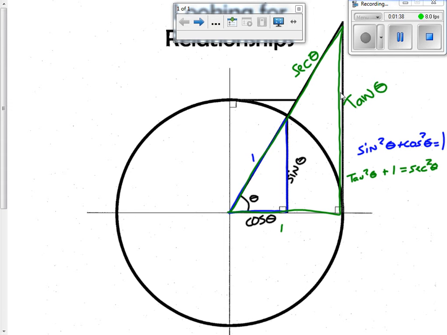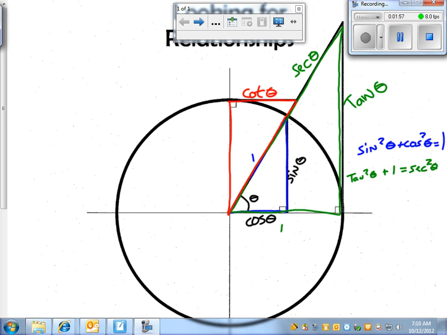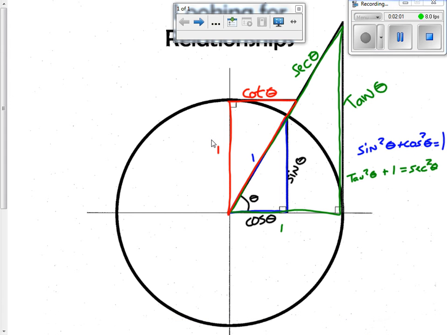And the third one, you can hopefully see this other triangle over here that goes like this, comes on down, and goes on up. When I take a look at this, this triangle has a cotangent here. The side that is the radius of the circle is still 1, no matter where you put it.